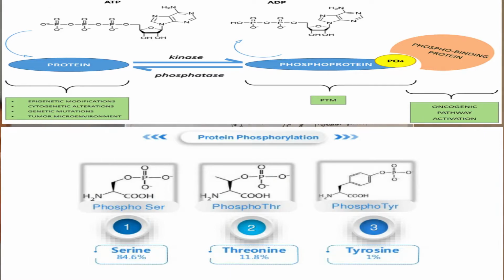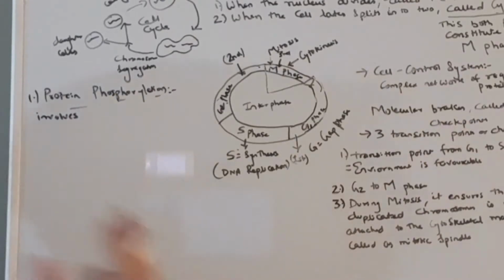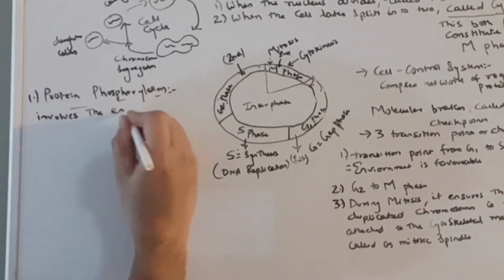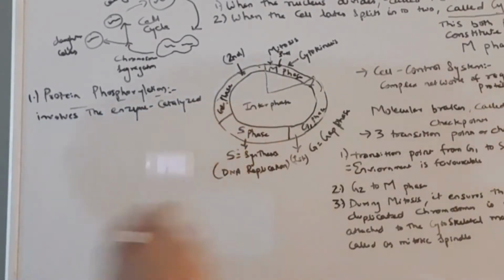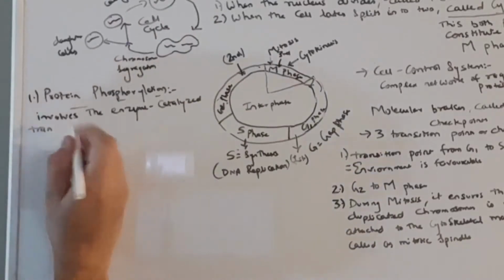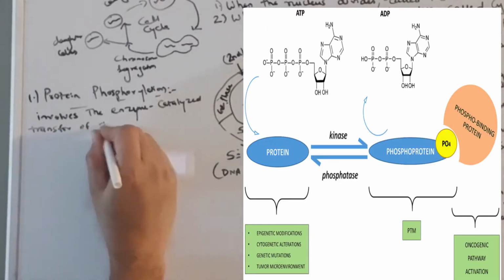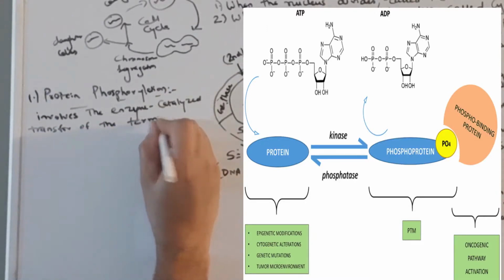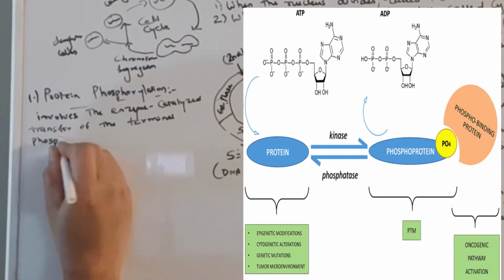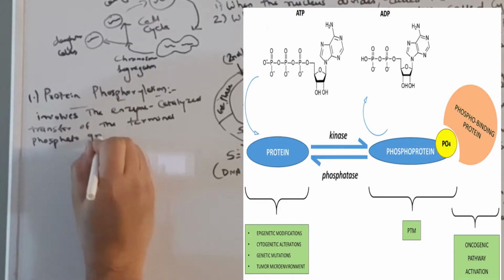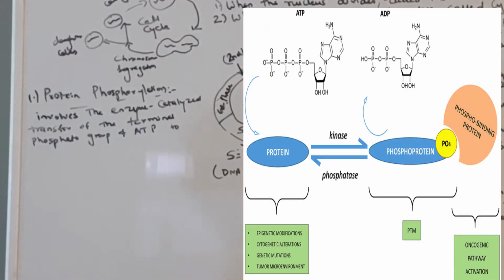So I will write it down here. Protein phosphorylation involves the enzyme-catalyzed transfer, as you can see in this picture, of the terminal phosphate group of ATP to the hydroxyl group.